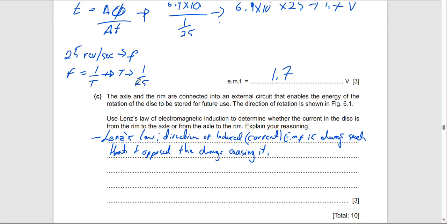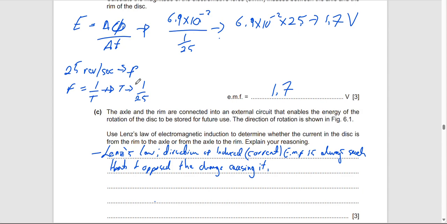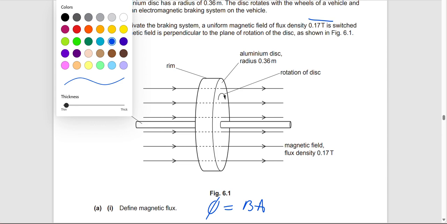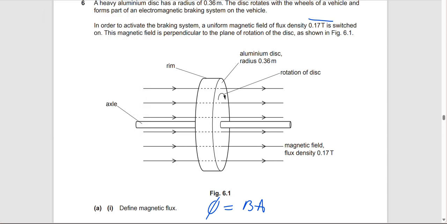They're saying the axle and the rim are connected to an external circuit. Let me show you what they're saying. They're saying that the rim right there, then the axle, is now connected to perhaps an external circuit, and then perhaps to a battery.